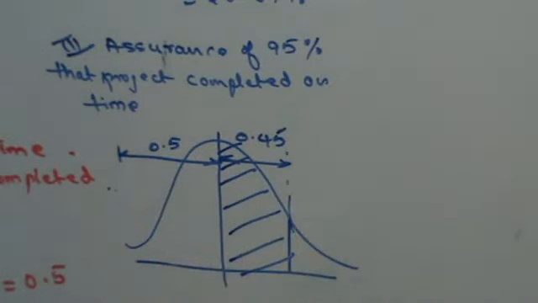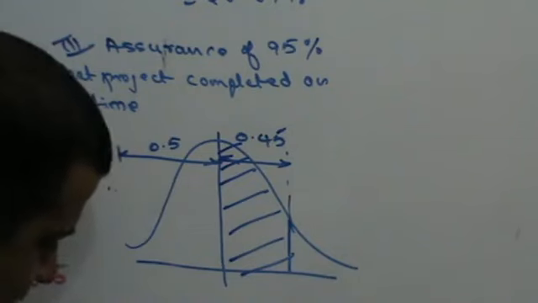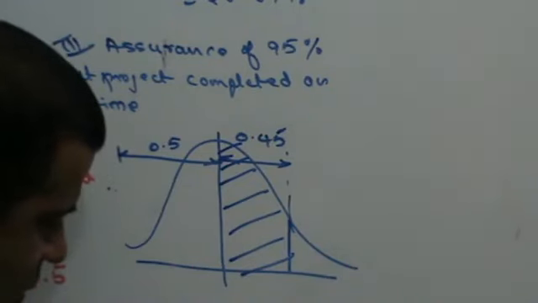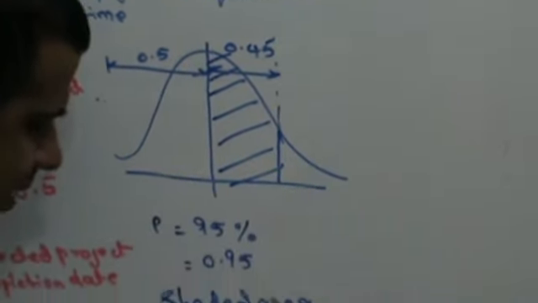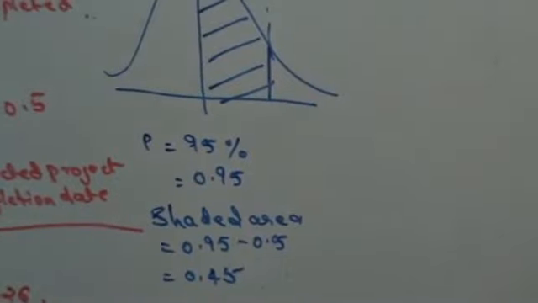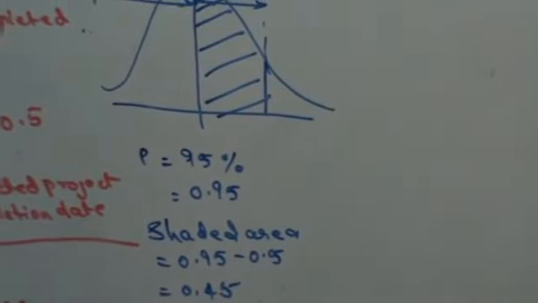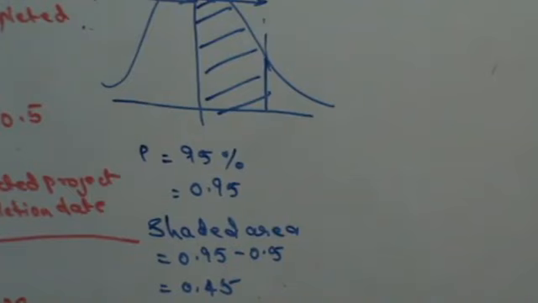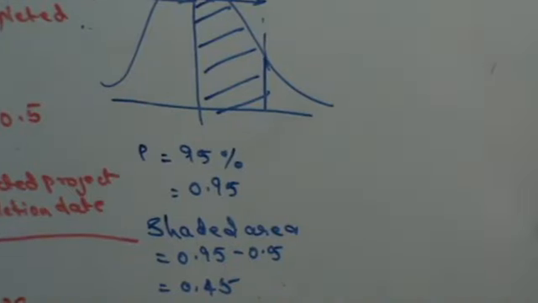Fine. If we get this thing clear, that means this shaded area. How will I get this shaded area? Shaded area, I'll give you in terms of formula also. Shaded area is going to be 0.95 minus 0.5. That's 0.45. Once I know this, that means my normal variable is 0.45, right?